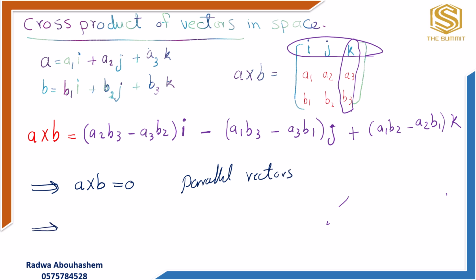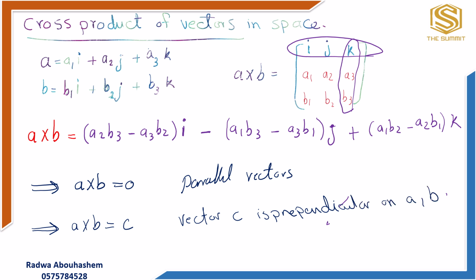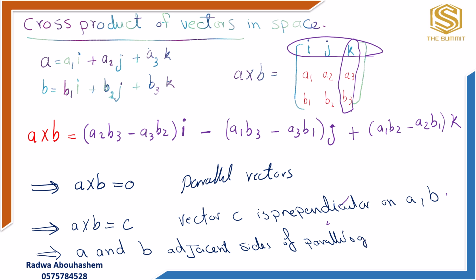Now, if you get the cross product and you get another vector C, this means that the vector C is perpendicular to A and B. And if A and B are adjacent sides or adjacent vectors, then the area of the parallelogram is just the magnitude of the cross product of A times B.